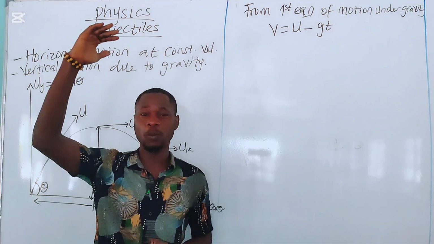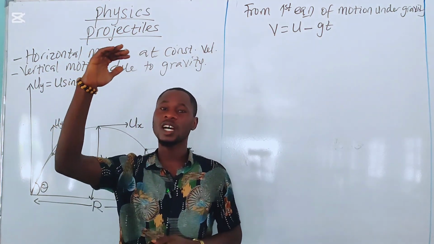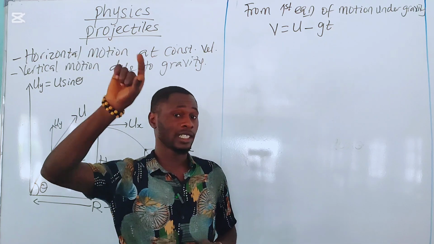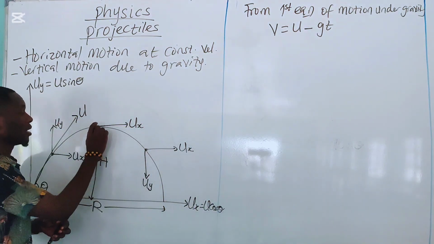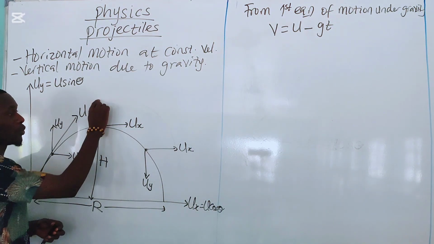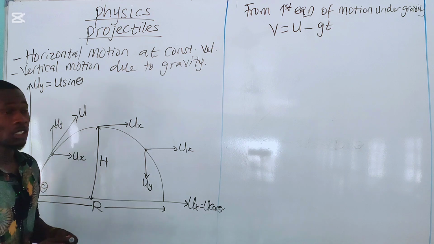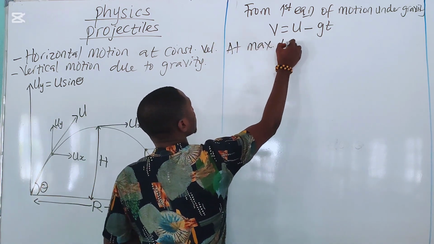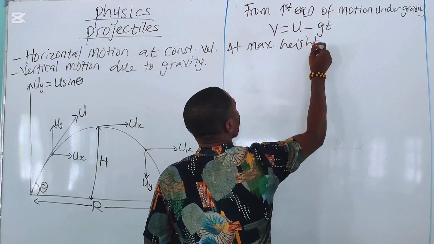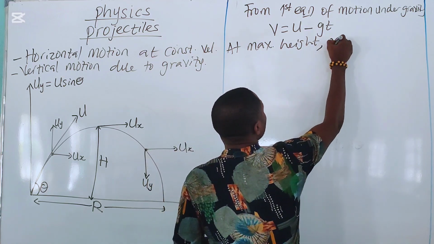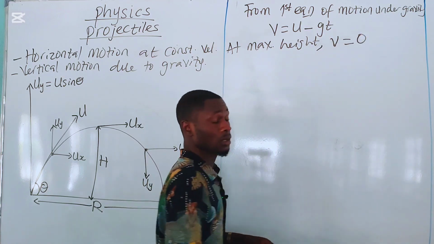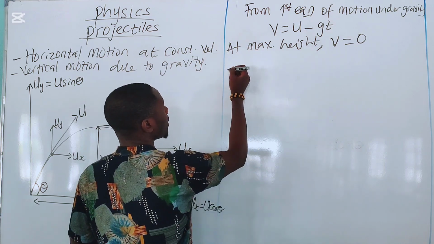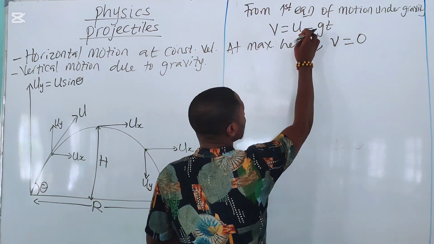But at the highest point, or at the maximum height that object reaches, the final velocity of that object is 0. So similarly, we say that the final velocity, which is uy at this point, is 0. So it means that at the maximum height, our final velocity is equal to 0.